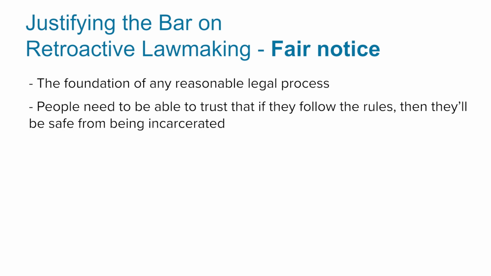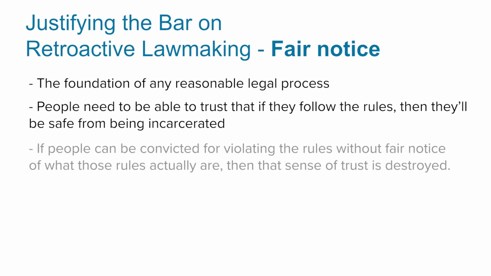In a criminal system where incarceration is possible, people need to be able to trust that if they follow the rules, then they'll be safe from being incarcerated, or from suffering any other form of aversive government action. But if people can be convicted for violating the rules without fair notice of what those rules actually are, well then, that sense of trust is destroyed.